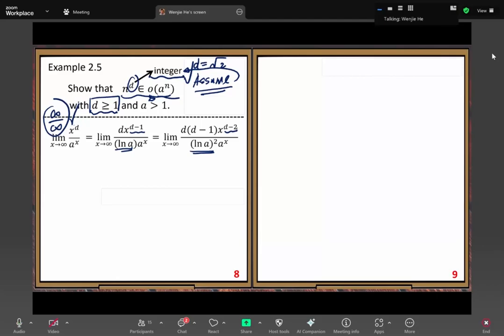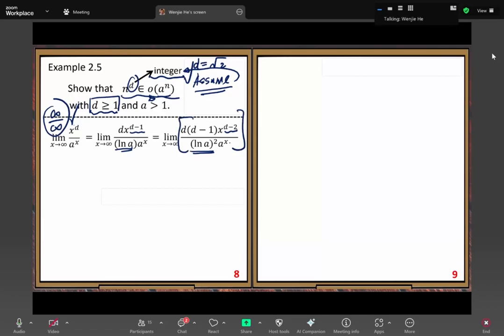L'Hopital's rule, another round, and keep going until your whole form is not an indeterminate form.